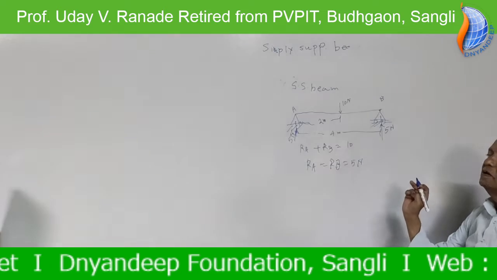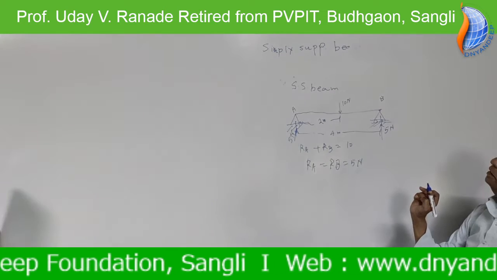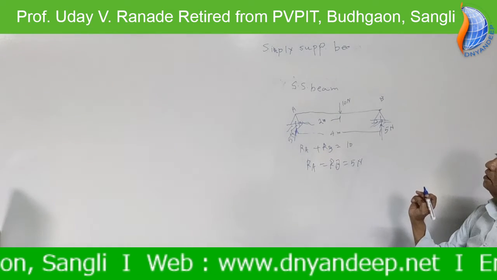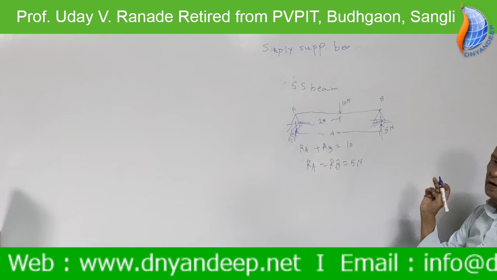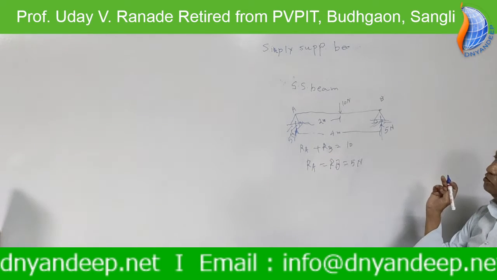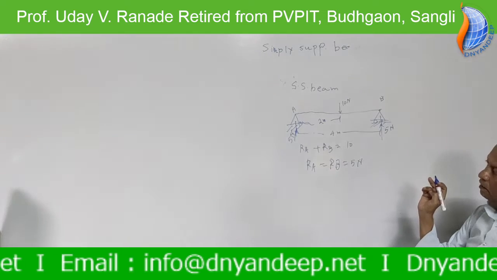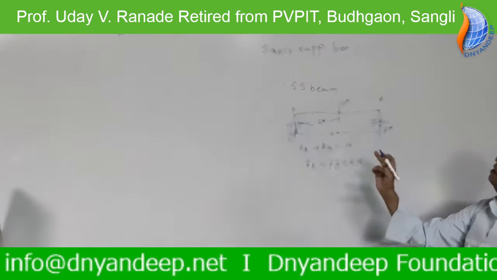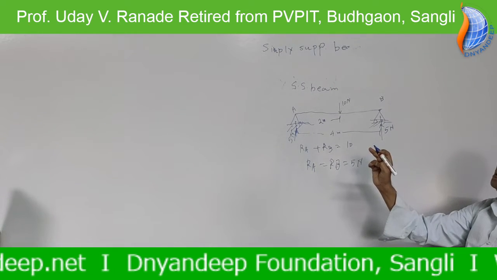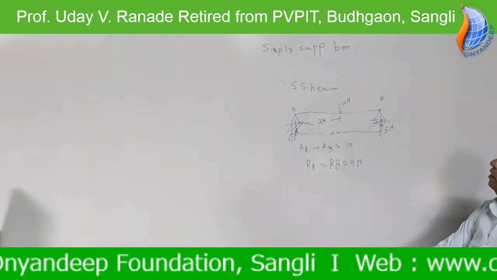So even if hinge is there, it is not necessary that two reactions are present. If inclined load is there or horizontal force is there, to balance that horizontal force, reaction at hinge will come in horizontal direction. Now we will take an example.